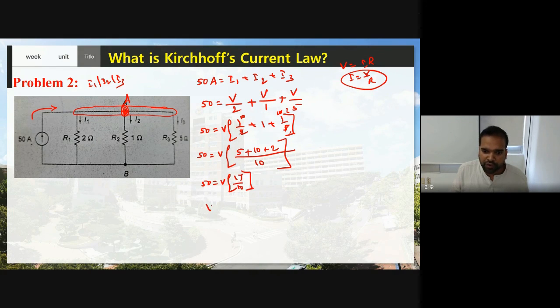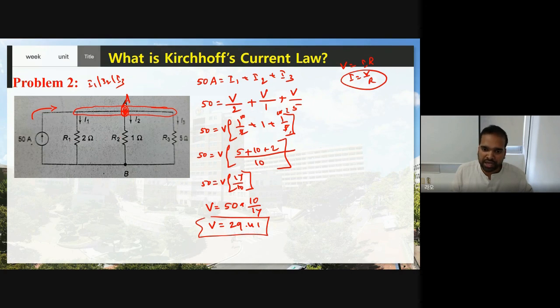Therefore you need the voltage: 50 into 10 by 17, so 500 by 17. So you will get the voltage drop across this one as 29.41.